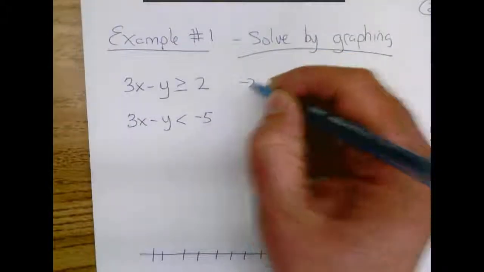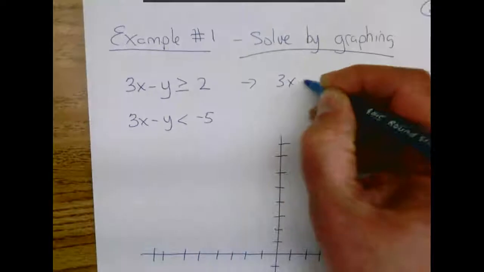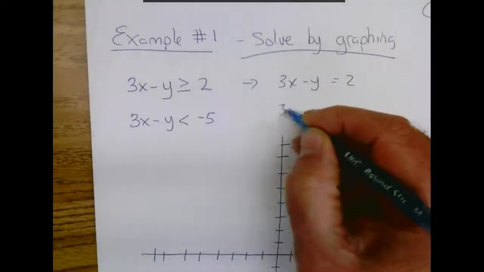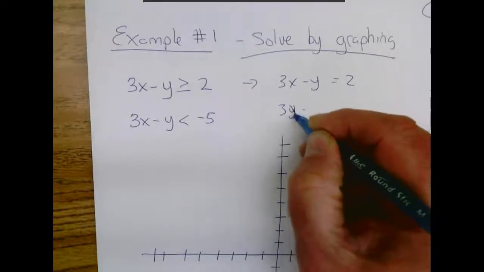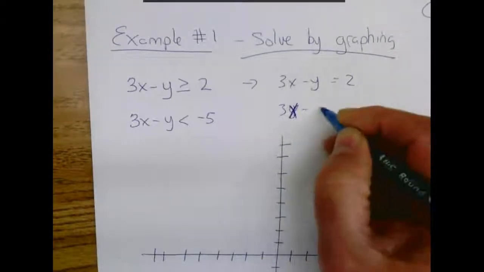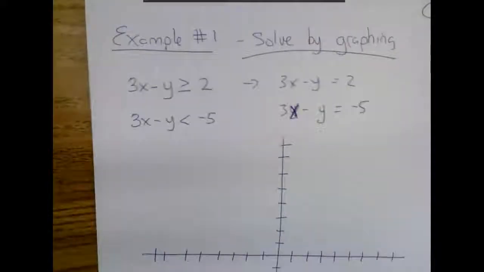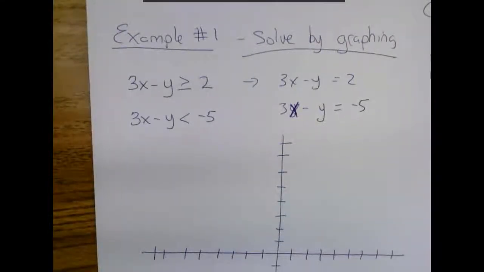So we would have 3x minus y equals 2, and we would also have 3x minus y equals negative 5. Then we're going to solve each one of these equations, figure out where the answer is, and see where they overlap. That will give us the possible answers for this system.